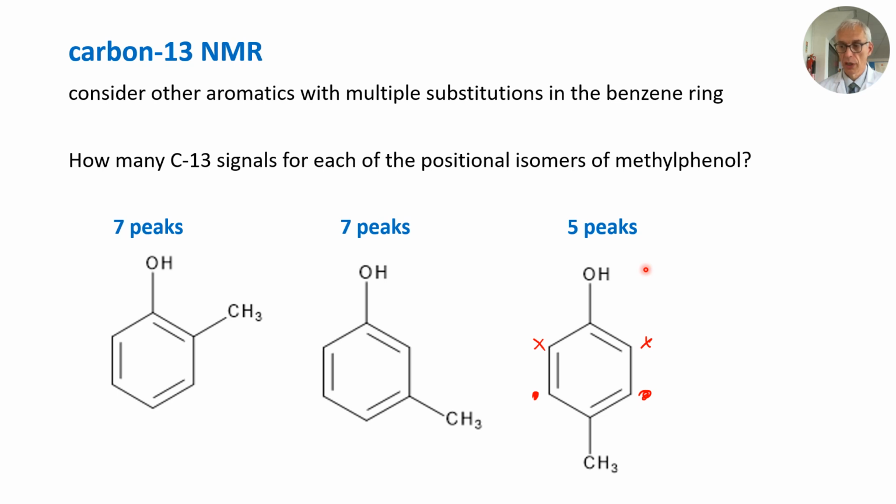So whilst it may not always be possible to use carbon-13 NMR to identify isomers, some can be identified using the spectrum.